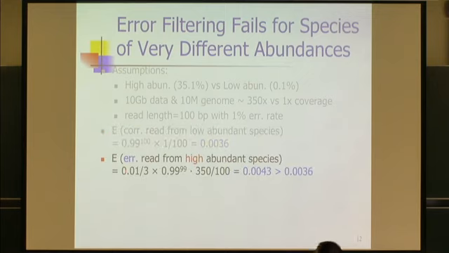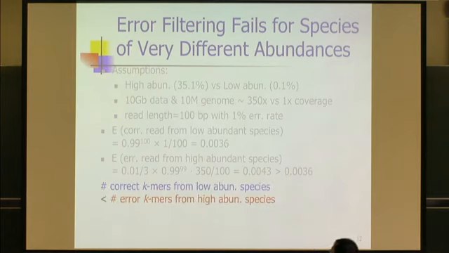But if you look at the error reads from a high abundancy species, this is more than the low abundancy correct rate, because now you have 0.1 as the error, since you can change to three possible base pairs, and you got 350 coverage, so it comes out larger. So the conclusion is that the number of correct k-mers from the low abundancy species may be less than the number of error k-mers from the high abundancy species.